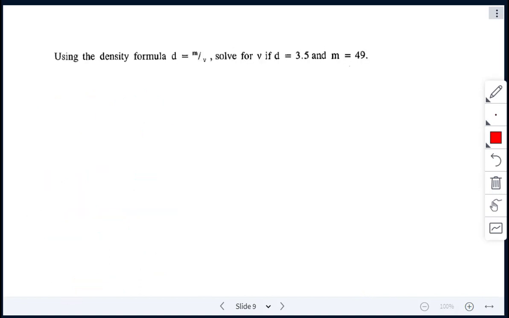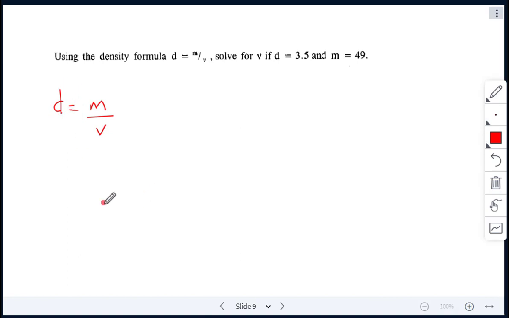All right, next example, we have use the density formula, D equals m over v, solve for volume, if density equals 3.5 and mass, the M here represents mass. You might remember this from grade 8 when we were looking at density. All right, so let's just rewrite the formula here. So density equals mass over volume.